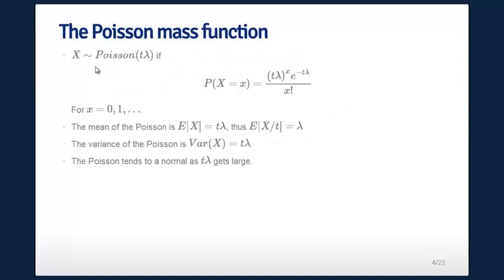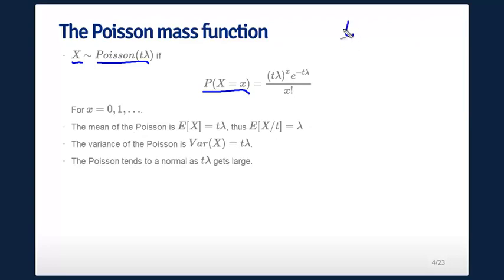Hopefully everyone's had the inference class or is taking the inference class at the same time. But if not, let me give you a couple of quick things about the Poisson mass function. We say a random variable x is Poisson t lambda if the probability that x takes on a specific value is (t lambda) to the x, e to the negative t lambda, over x factorial, for x a count starting at 0 and going to infinity.